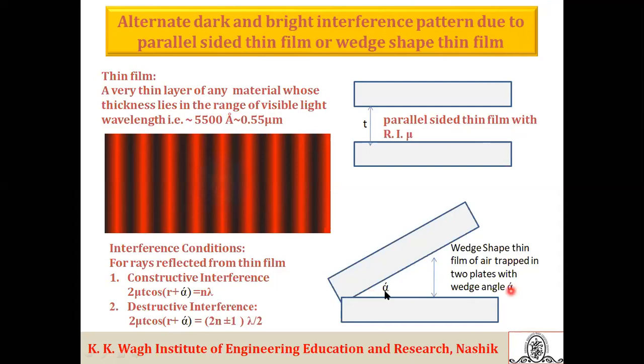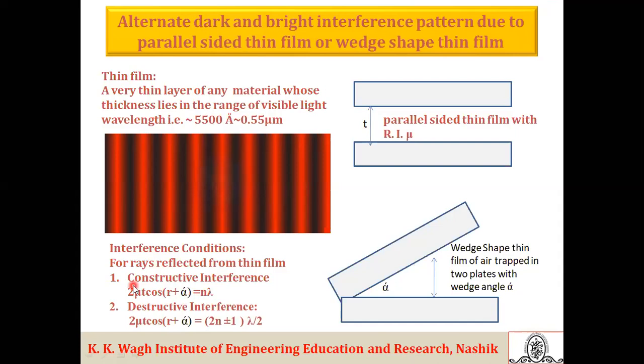Depending on this wedge angle, the refractive index mu and the thickness of the thin film, the conditions are followed. You will be able to observe the bright belt depending on the order, second the refractive index, third the thickness of the thin film, and fourth the angle of refraction. And if it is a wedge-shaped thin film, then one more factor is added, called the wedge angle.